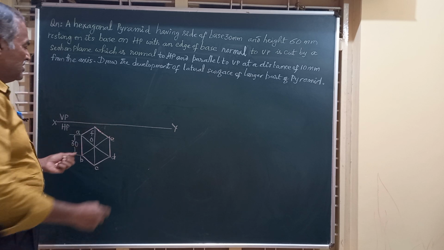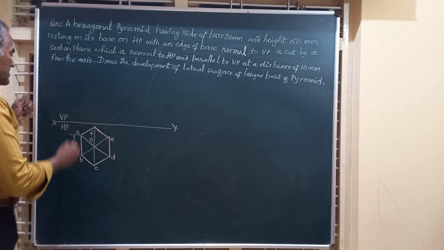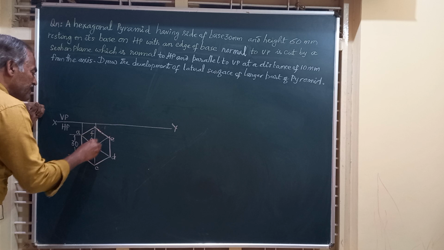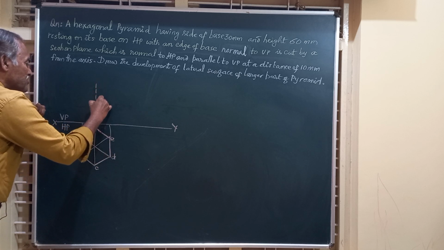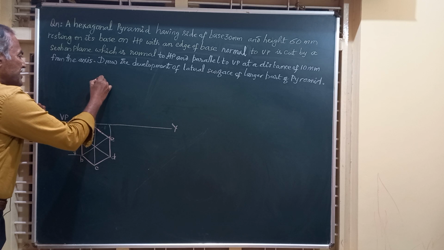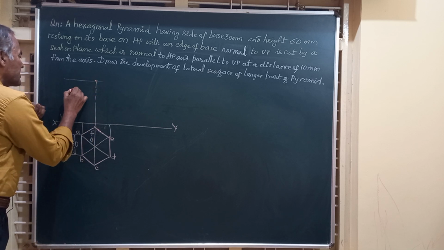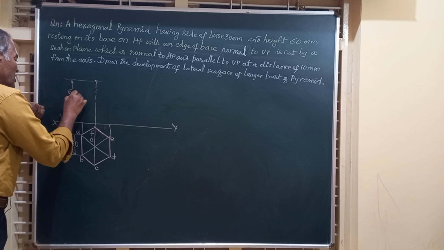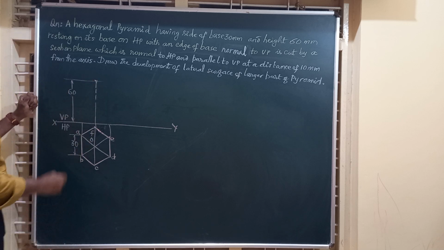Friends, corresponding to this top view, let us obtain the front view. By projecting lines from these points, you will get the center line, and mark the given height of the solid as 60 mm. I'll write a line here and say this dimension, that is the height of the solid or length of the axis, is equal to 60 mm.